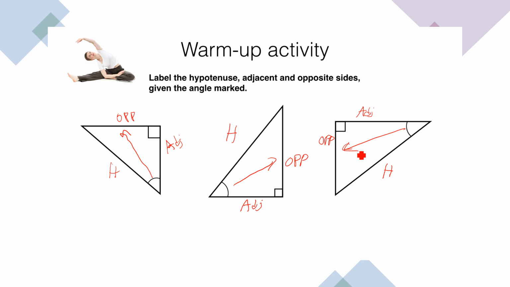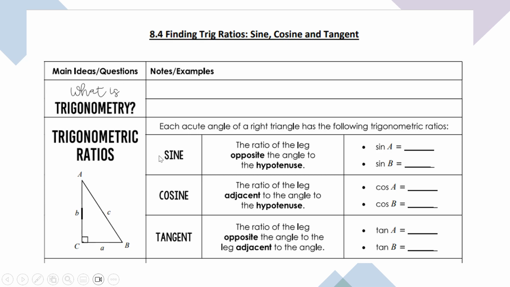So that's just to go over that because you're going to need to know how to do that in order to even begin doing trig. So this is just kind of fundamental. So trigonometry is the study of triangle measurements.